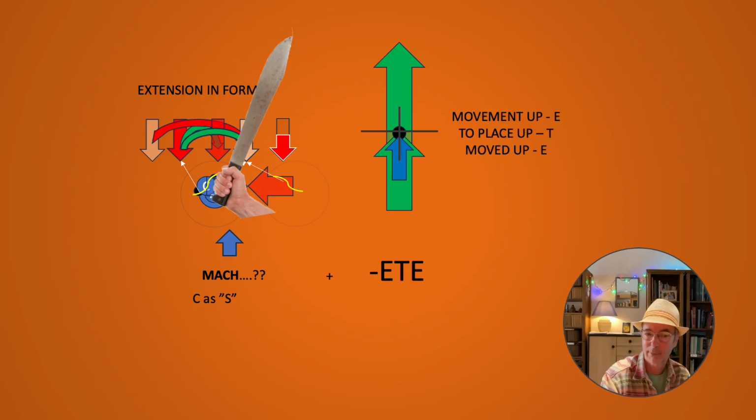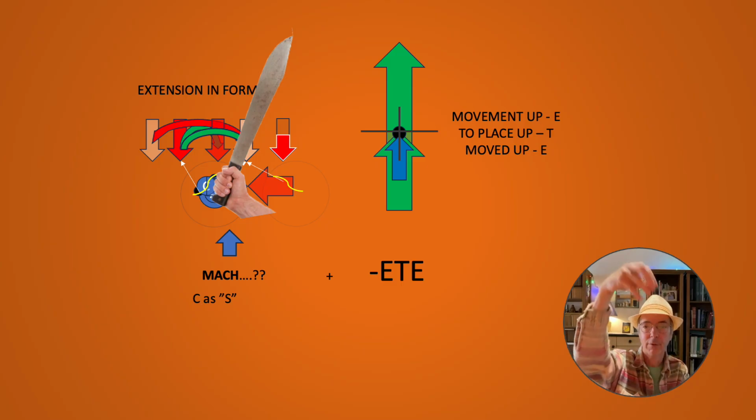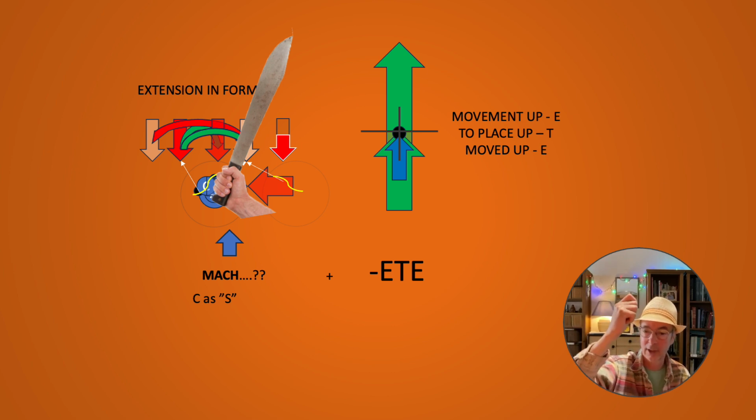What's ete, machete? Ete is movement up, which I place up, which I move up again, or which is moved up again. So also this place is moved up. So I have an object which has a certain length and which also is moved up. Machete. So you have machete is that, and combined with that machete in the form as well.